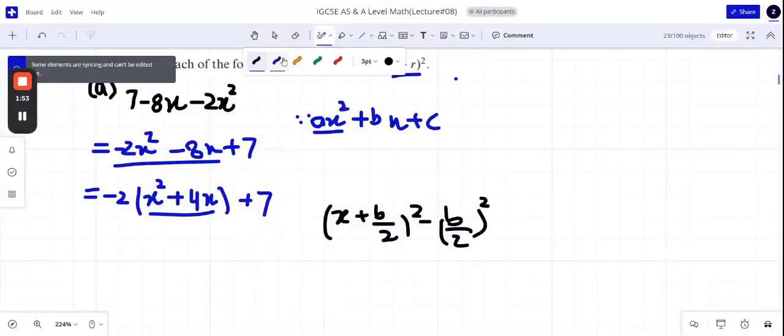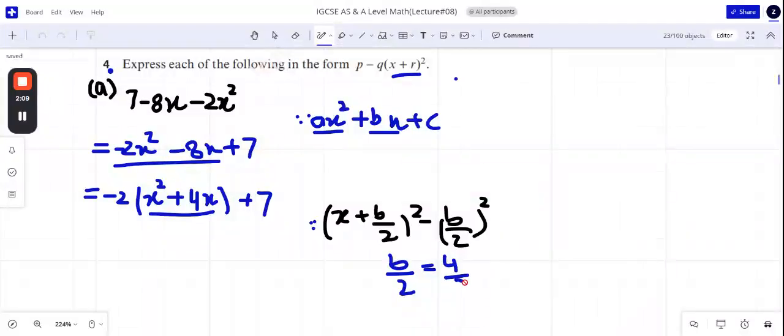Now, what is b by 2? b is the coefficient of x. So the coefficient of x is 4. So b by 2 is equal to 4 by 2, which is equal to 2.